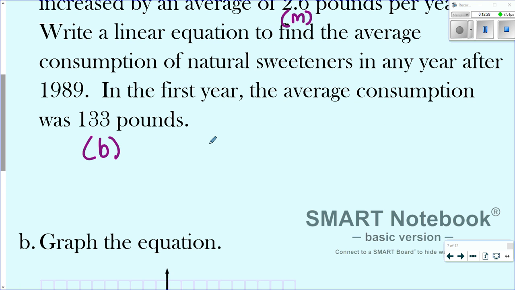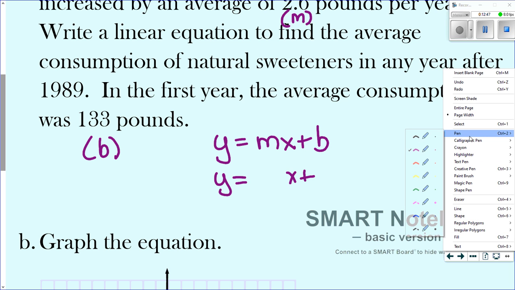So now we're going to use our equation of a line, which is y equals mx plus b. And then we just plug in our m and we plug in our b. I'm going to do that by using a different color.